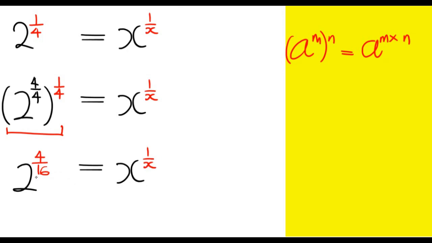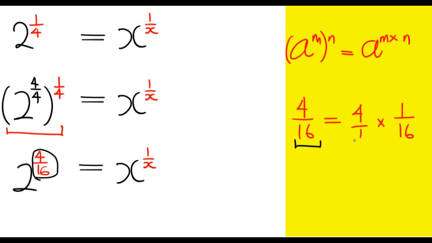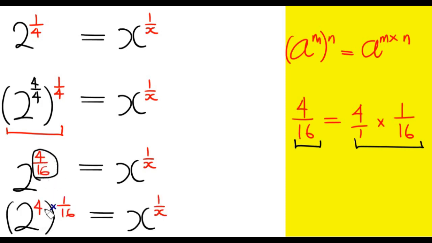Now, there is something we need to do to this power. Note that 4 over 16 can be written as 4 over 1 multiplied by 1 over 16. So if I split this power of 4 over 16, now I have 2 raised to the power of 4 multiplied by 1 over 16 equals x raised to the power of 1 over x.